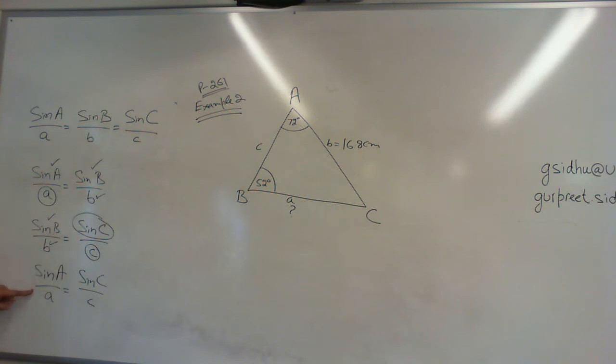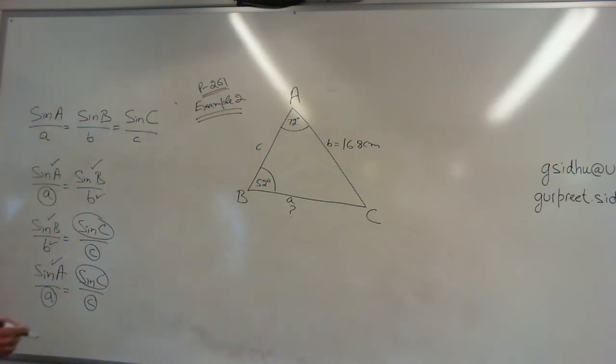And if you try using this one, this is known, A is unknown, C is unknown, this C is unknown. How many unknowns are there? 3. You can't use this formula. You can use a formula only if there is one unknown. Everything else must be known. So this is the only way to solve it.